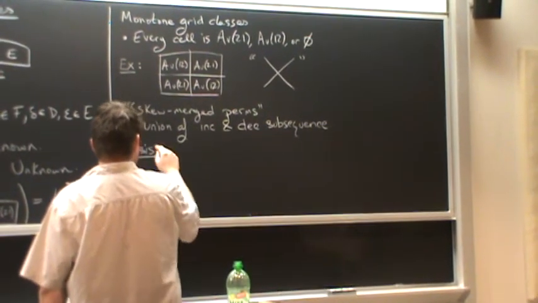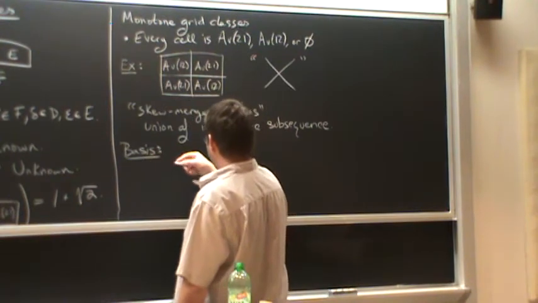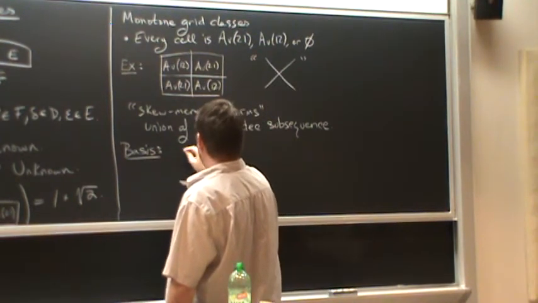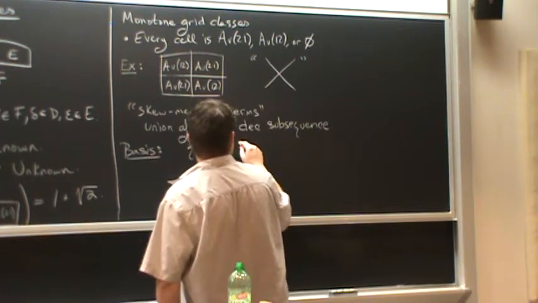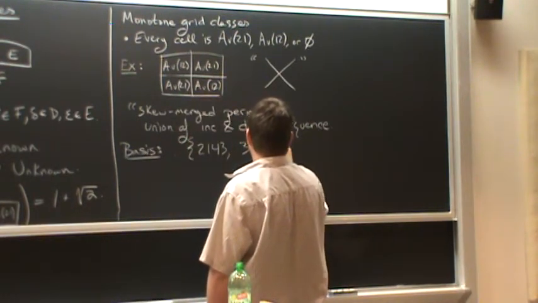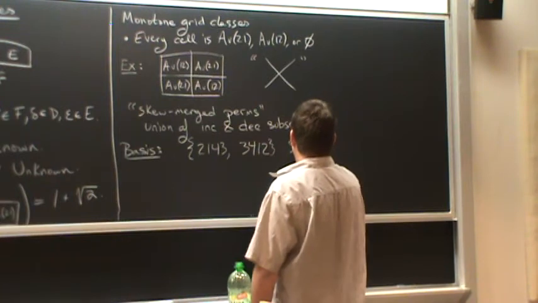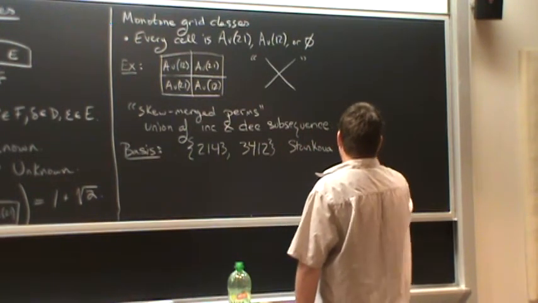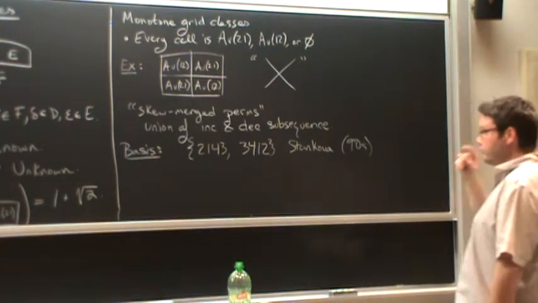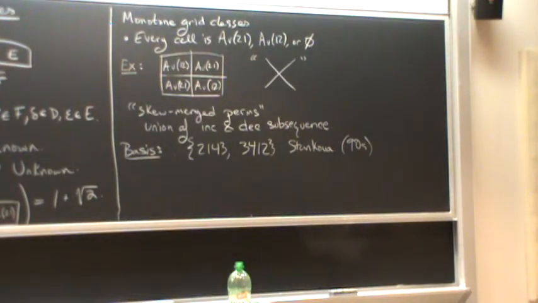Well, in this case, and these are 2 classic papers now, the basis is 2, 1, 4, 3, and 3, 4, 1, 2. And it's Stankova, in the 90s. So just 2 permutations describe this class.